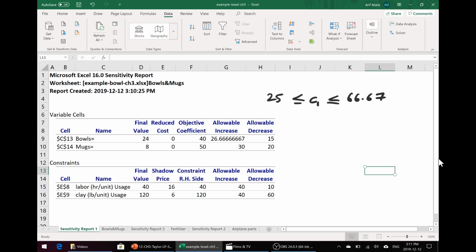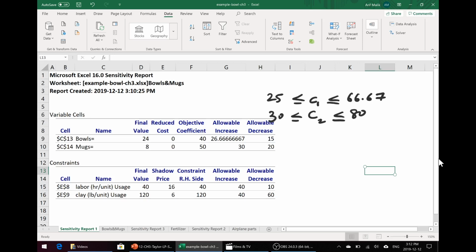All right, and then we have C2. C2 is 80, that is 50 plus 30, and 50 minus 20 is 30.